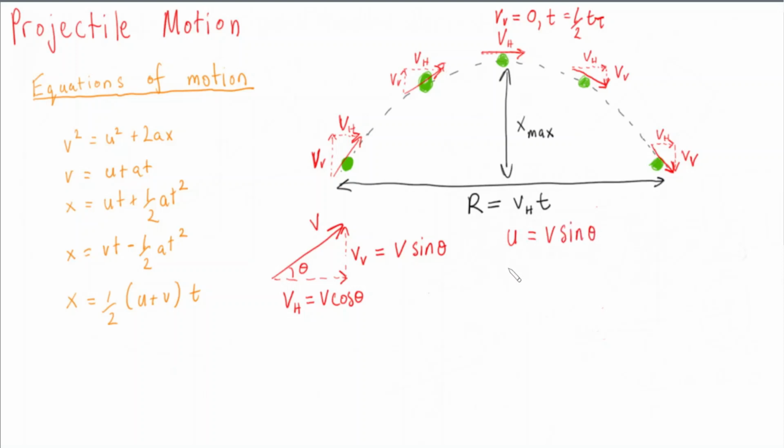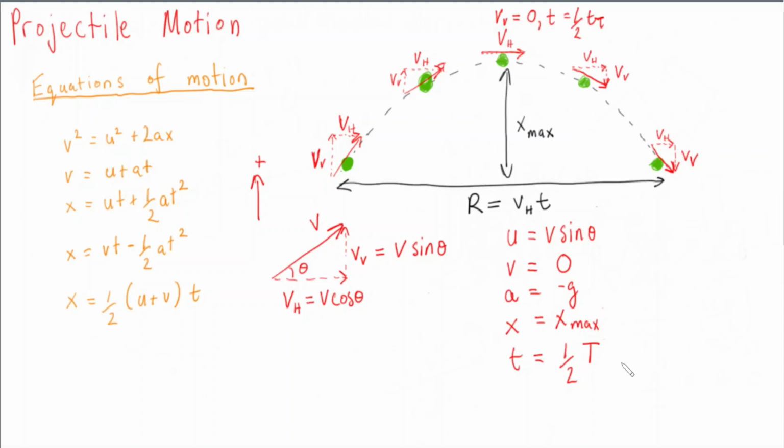I know my final velocity will be equal to 0. I know my acceleration is going to be negative g because let's say I've considered up as positive. I know my x at that point is going to be x max. And I know my t is going to be half of the total time, and I'll represent that with a big T here.